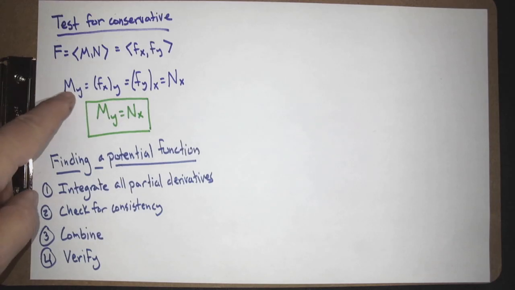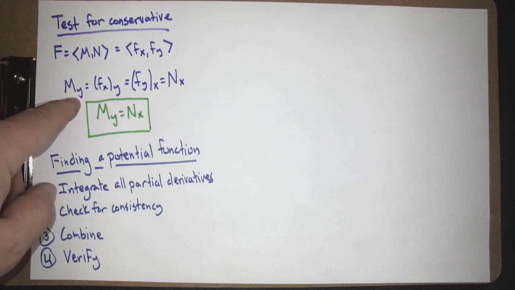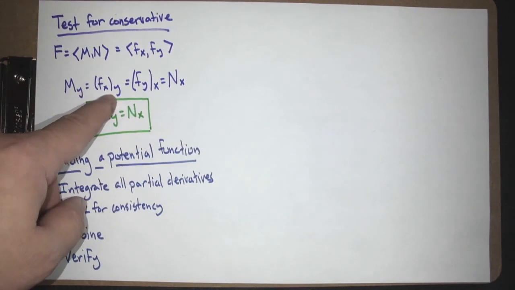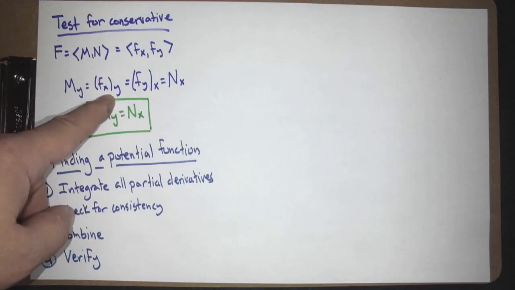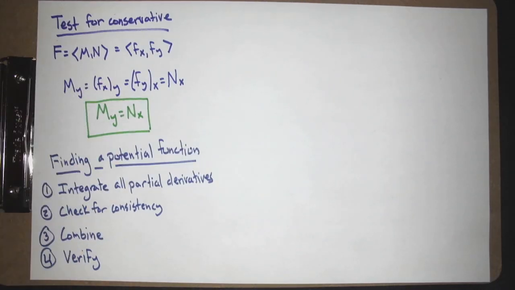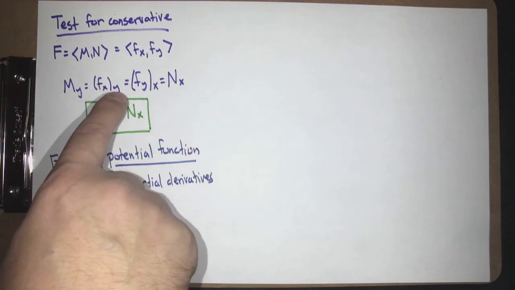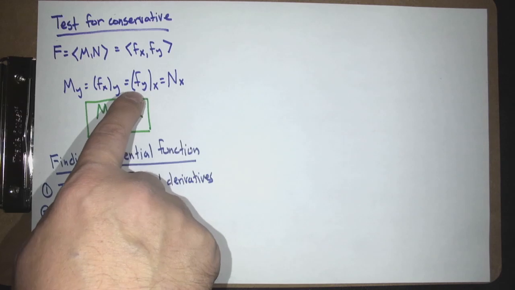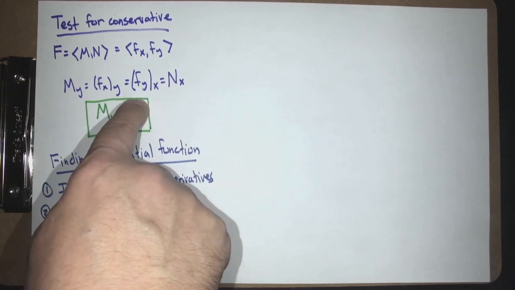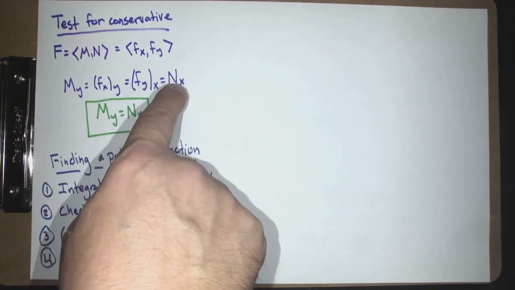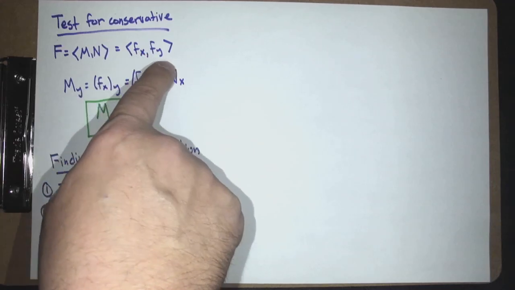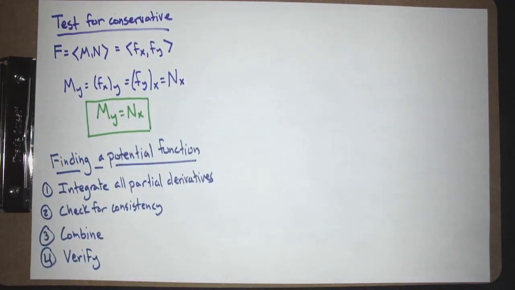Take the derivative of the first entry with respect to y, that's f of xy, the second derivative. But for nice functions, aka every function we're going to encounter in our class, it doesn't matter which order you take two derivatives. So that's the same as taking the derivative first with respect to y, then with respect to x, which is the same as taking the second entry, taking that derivative with respect to x. So you get that m sub y equals n sub x.